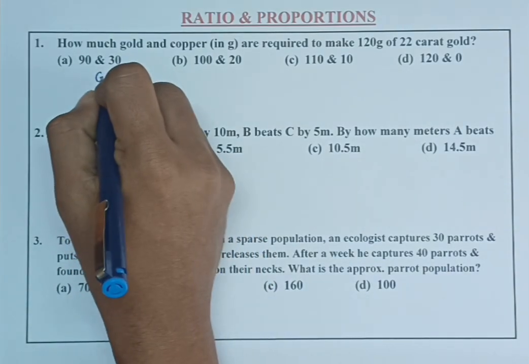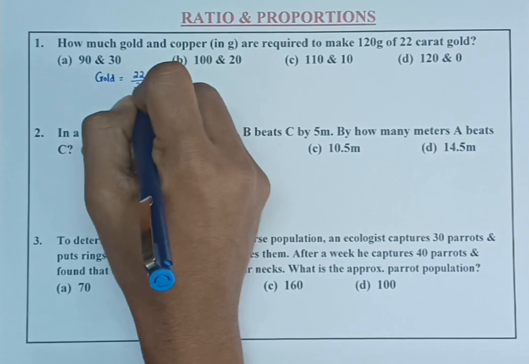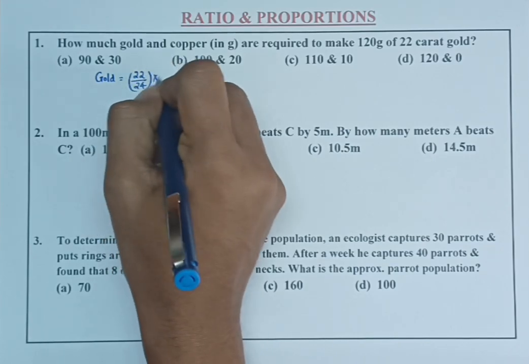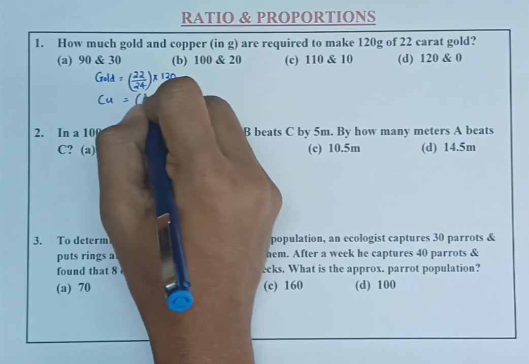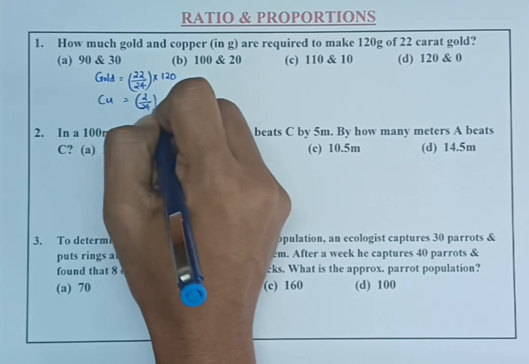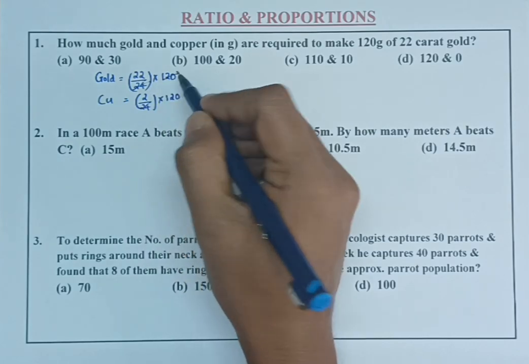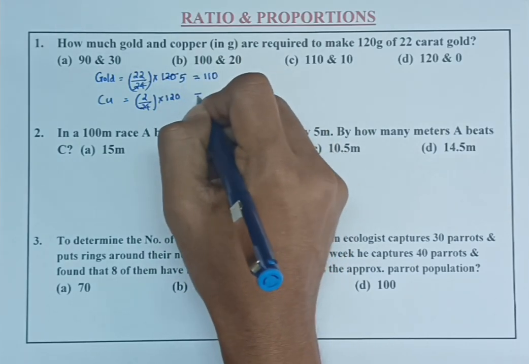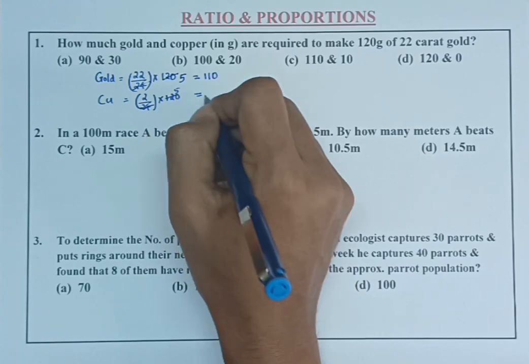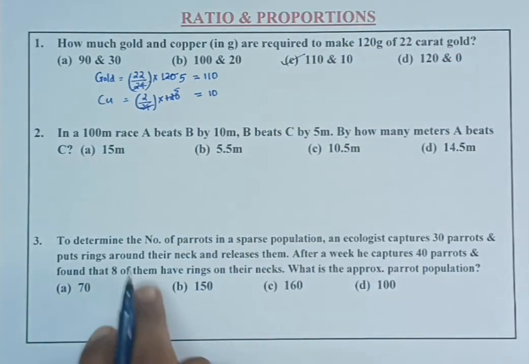So gold is equal to 22 out of 24 into 120, and copper will be equal to 2 by 24 into 120. We can cancel this and this will be 5, that is equal to 110, and here it is 10. So the answer will be C.